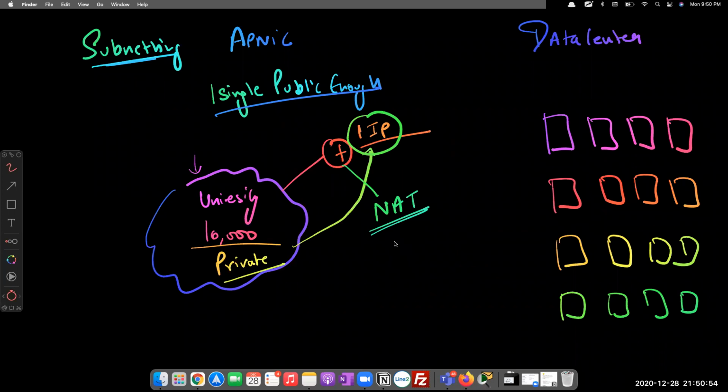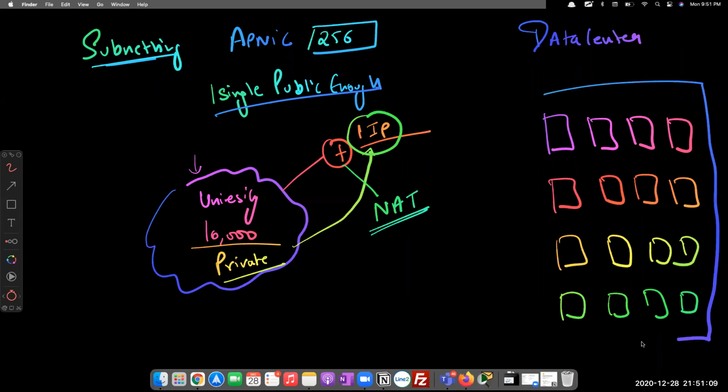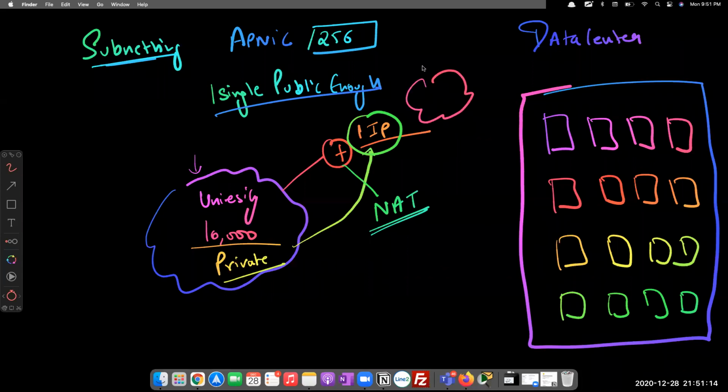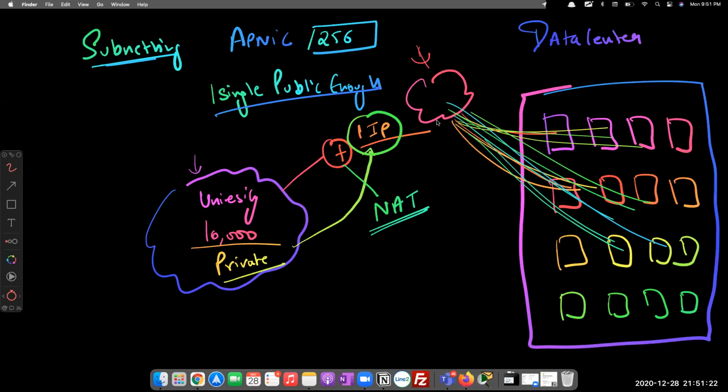Okay. But when we say we have bought a pool of 256 IPs from APNIC, what exactly does it mean? I am talking about a company where they have a lot of servers, and from the internet people or anyone can access these servers, or maybe they are uploading videos or images.